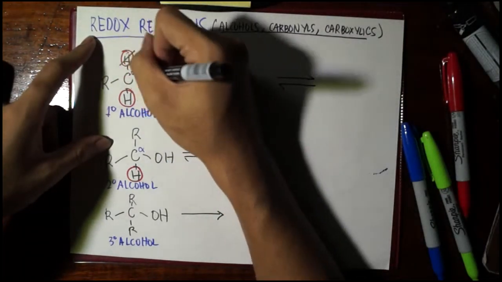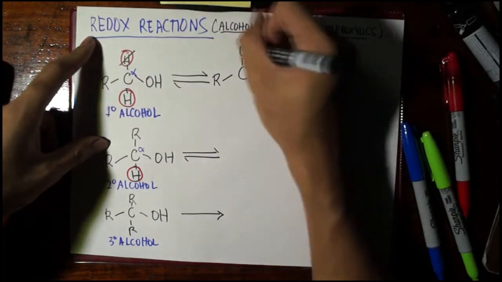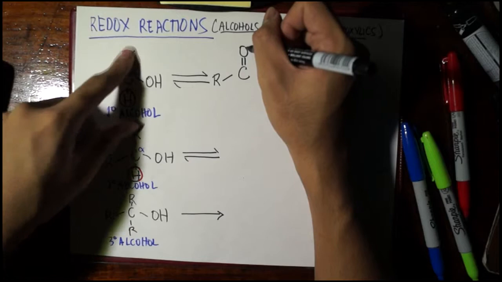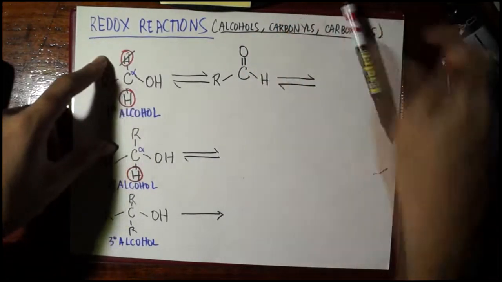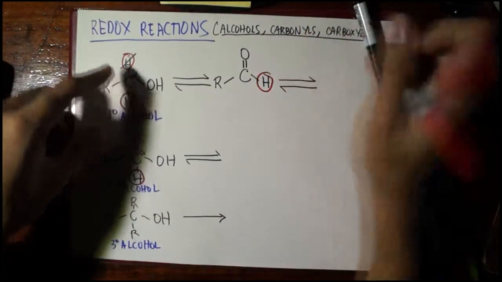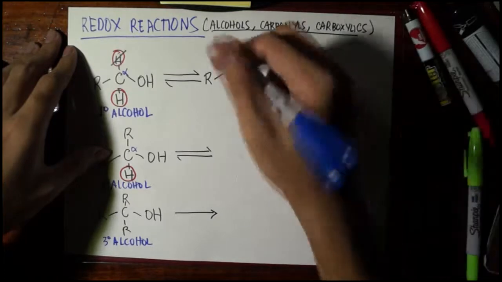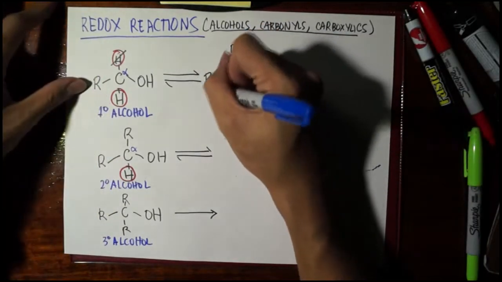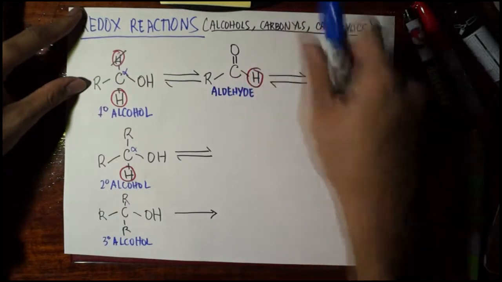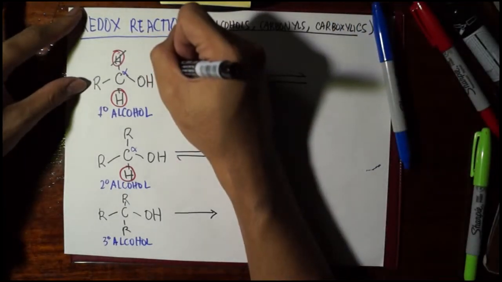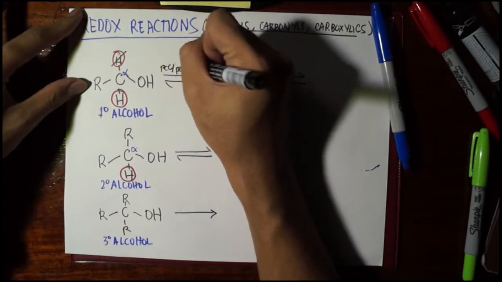Instead of carbon bonding once to this oxygen, the carbon will now bond twice to the oxygen by virtue of spending up this hydrogen, and then this untouched hydrogen will remain. So if you oxidize a primary alcohol weakly, you produce an aldehyde. And again, the reagent for this oxidation is either PCC or periodinane.